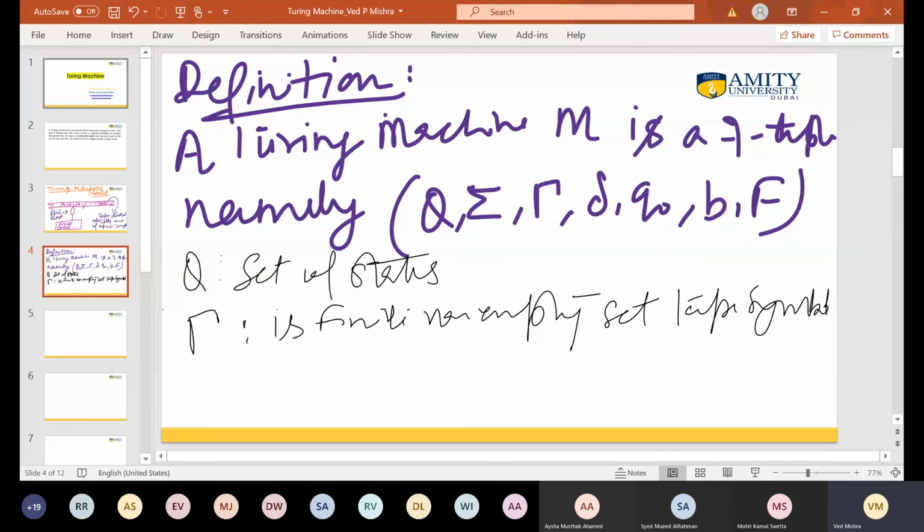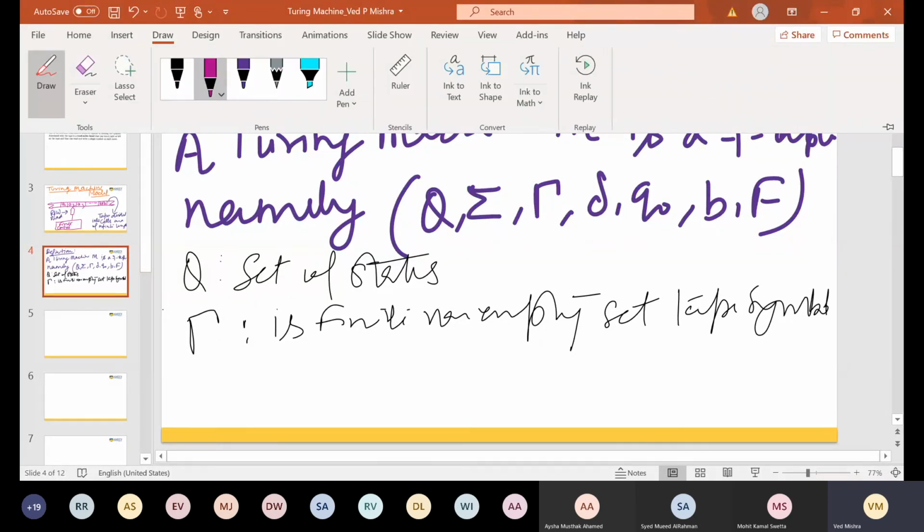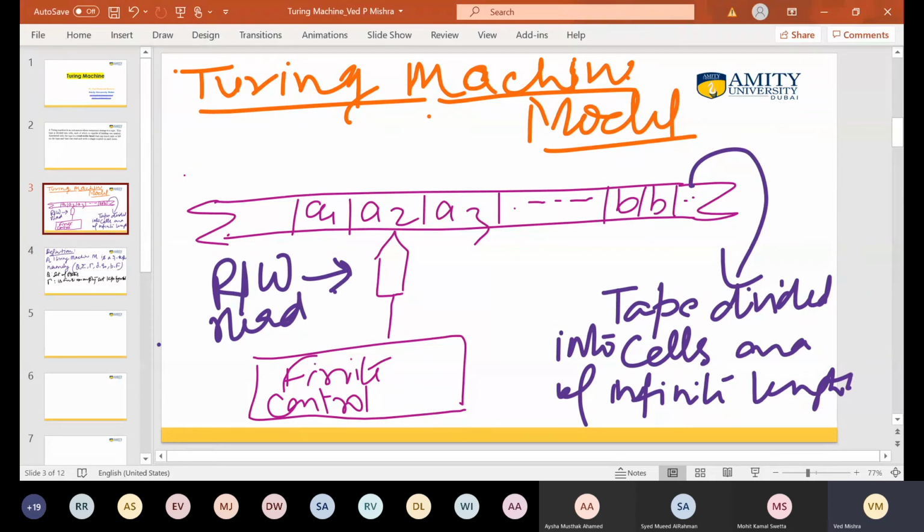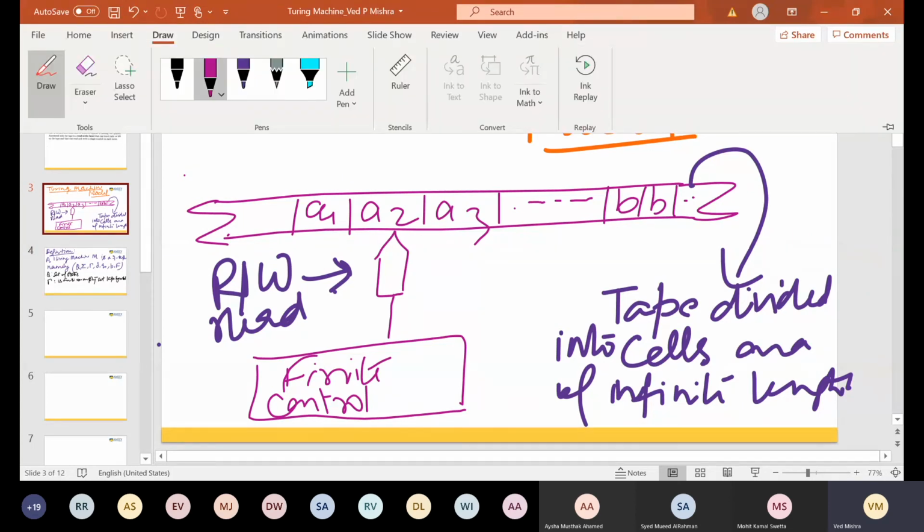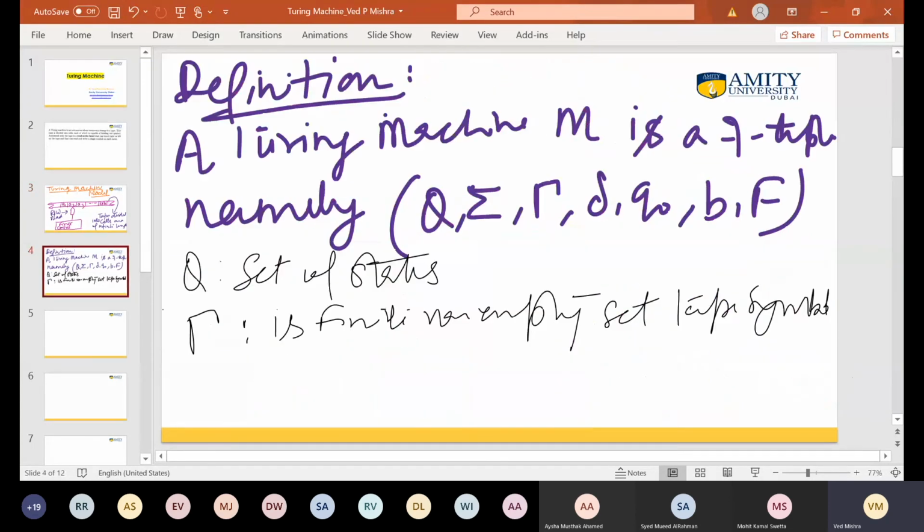Tape symbol means whatever the input was there on this tape, like A1, A2, A3. So that thing comes here. This is the tape symbol. And then you have one symbol here, B. Was it there before anywhere?